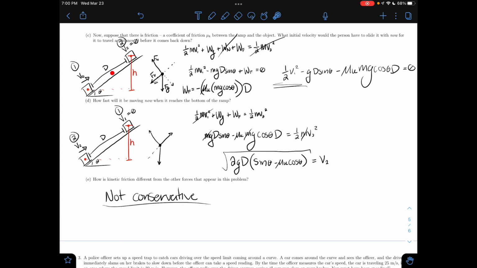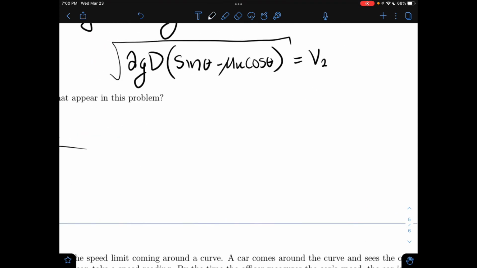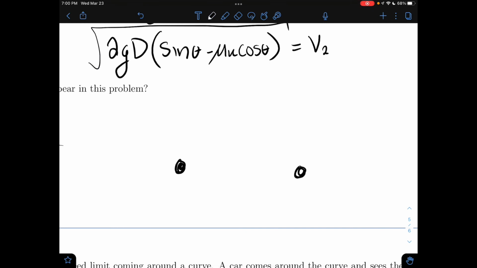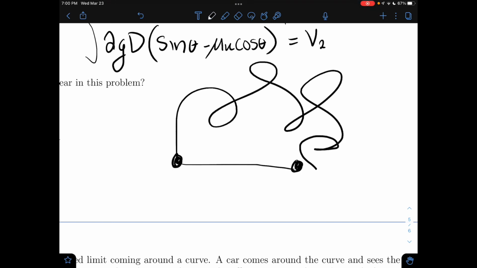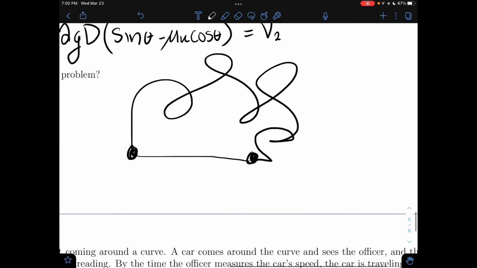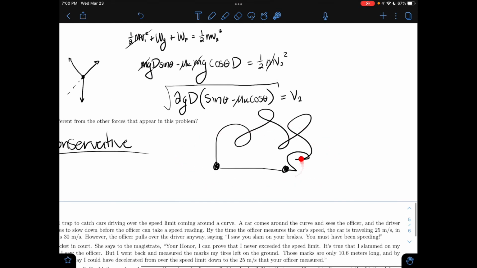Because if I just went here to here, our distance for the friction would be smaller, and it would have a different impact. We went all the way up, all the way back down, that has a different impact. It depends on how I get from point A to point B. If I just went like that, like in a straight line, that works. But if I go loop-de-doo all crazy, if I was looking at the work done by gravity, that wouldn't matter.